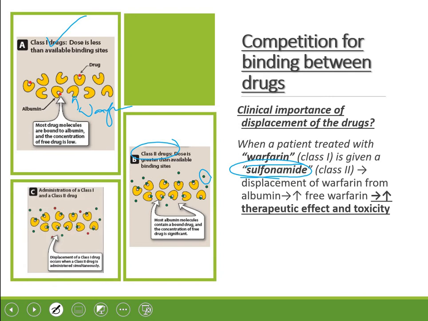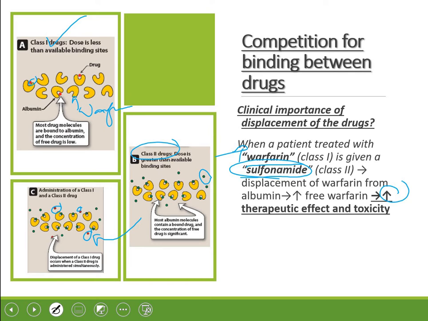So what will happen? Here there were no free red drugs, and here the free level of warfarin, the class 1 drug, is now increased. So the toxicity of warfarin is increased beside the pharmacological response.